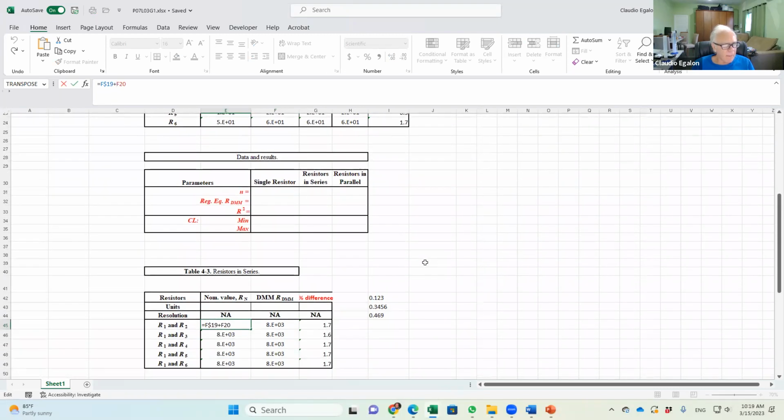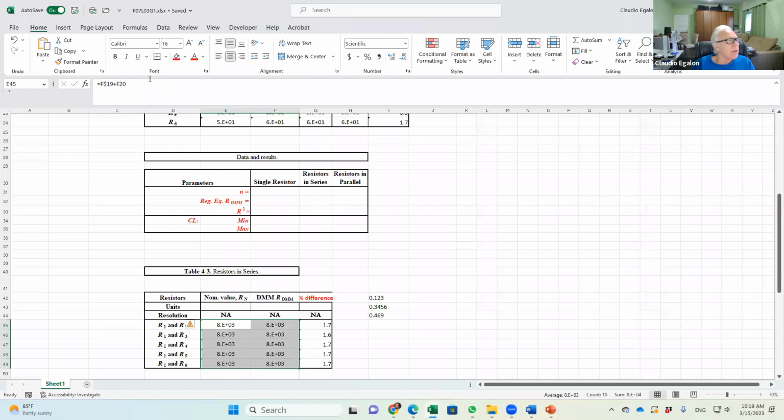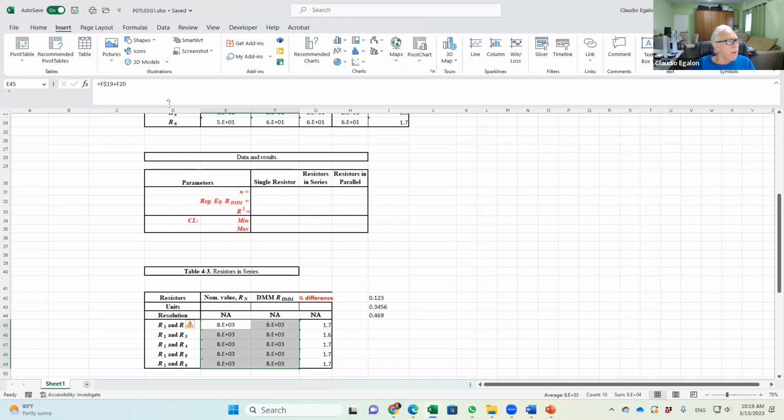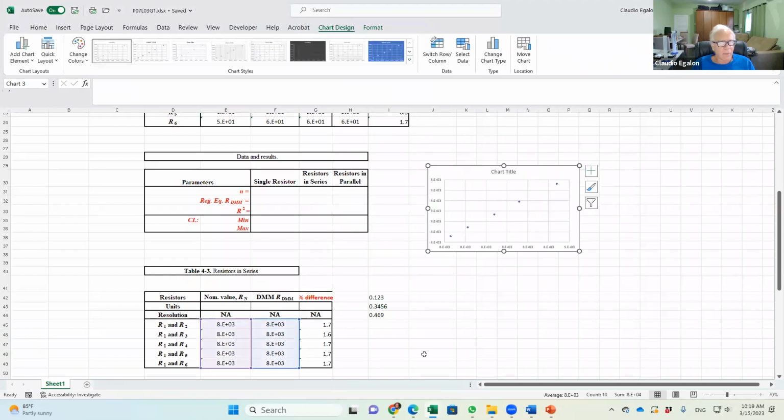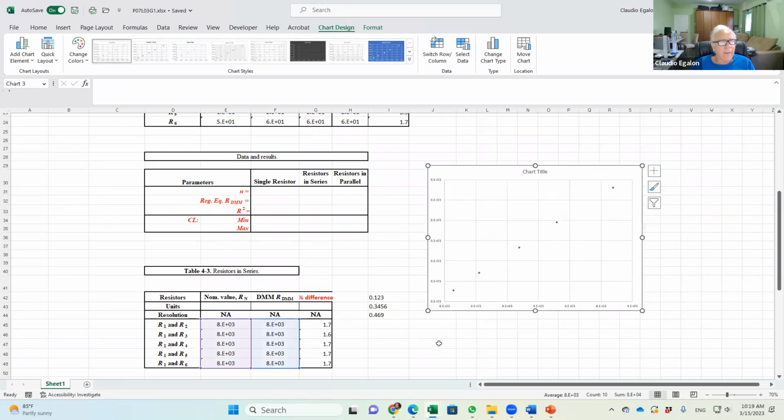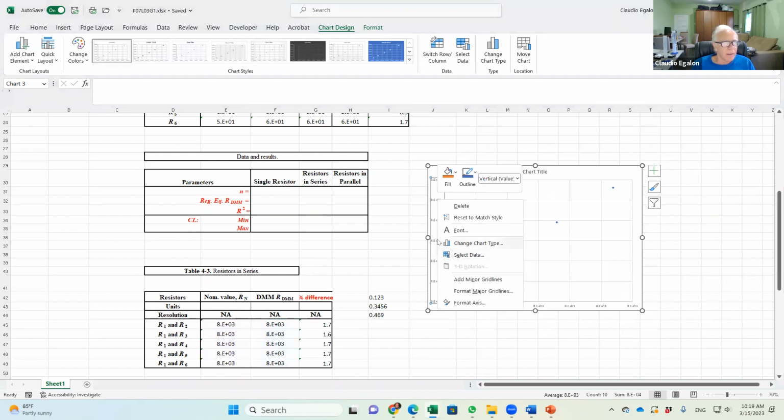Okay. Now we're gonna plot this one as well. Chart. Okay, that's what I'm getting here. It still looks like a straight line.